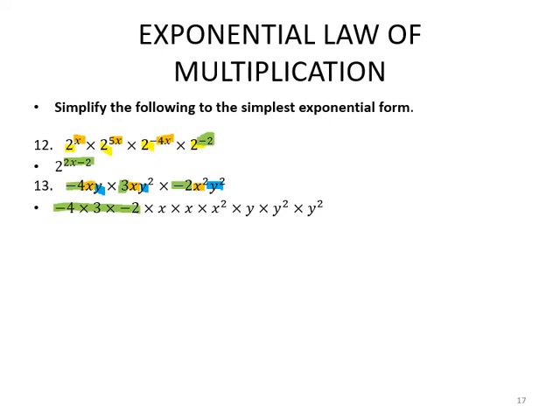Minus 12 times negative 2. Negative times negative is positive. And then 12 times 2 gives you positive 24. What about the x's? What are we going to get when we multiply the x's together?